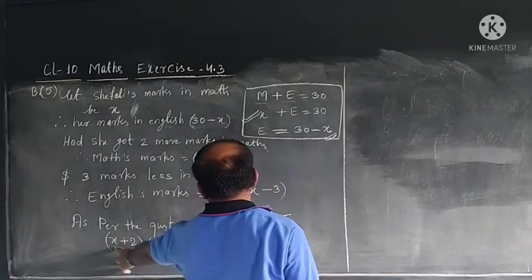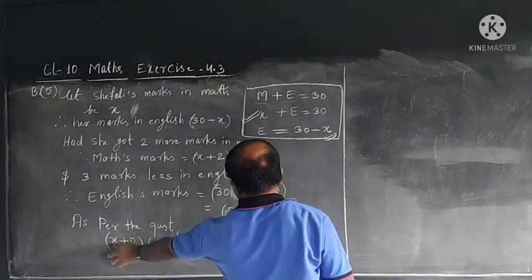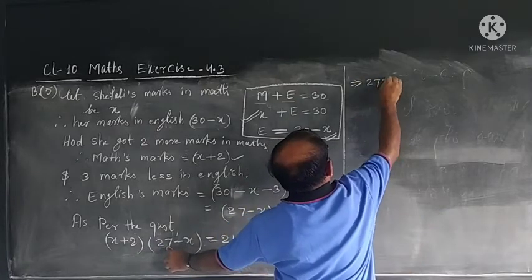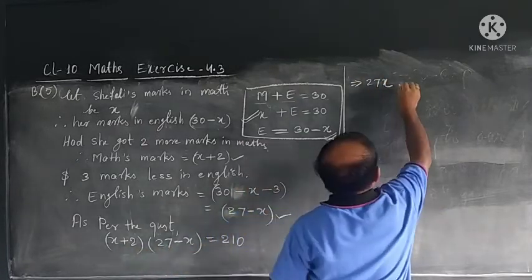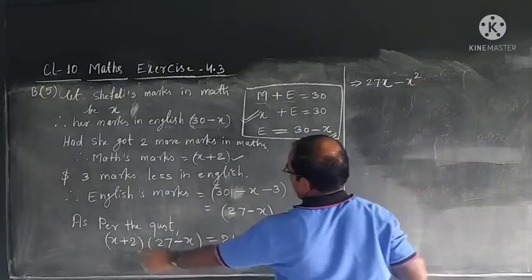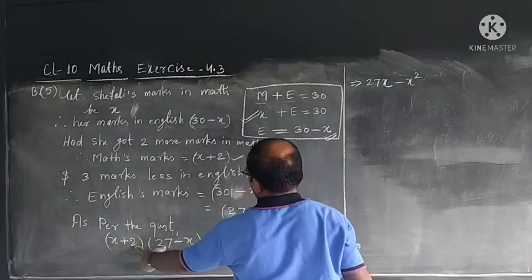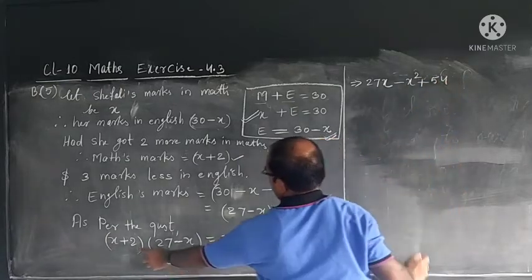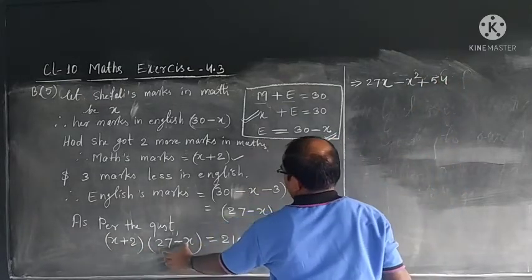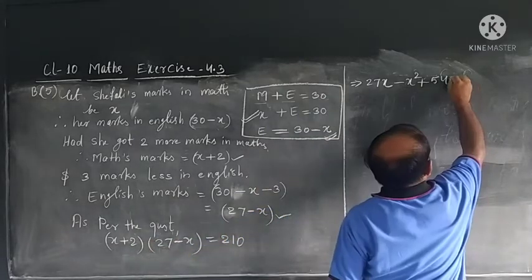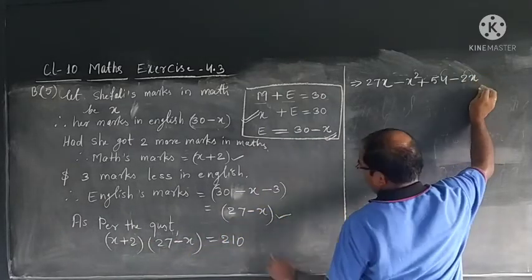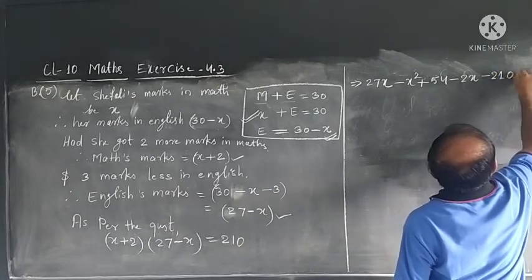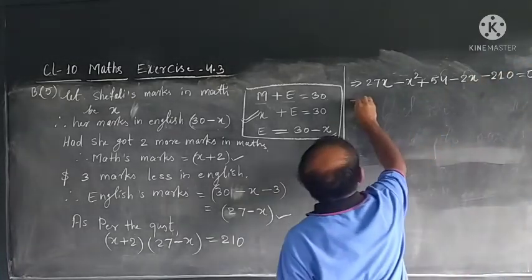Let us continue. X plus 2 into 27 minus X: X into 27, 27x; X into minus X, minus X square. First one we finished. 2 into 27, both are plus, so 54; plus 2 into minus X, minus 2x. 210 also let us bring to the LHS, so the RHS is 0.